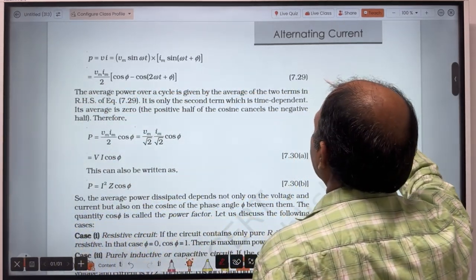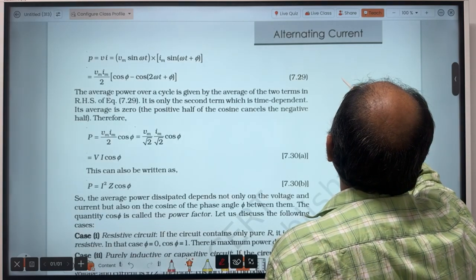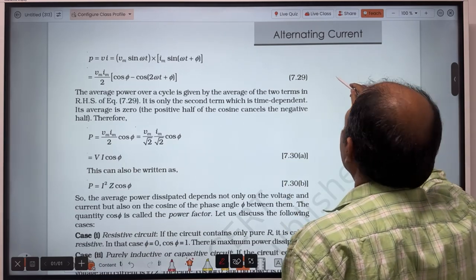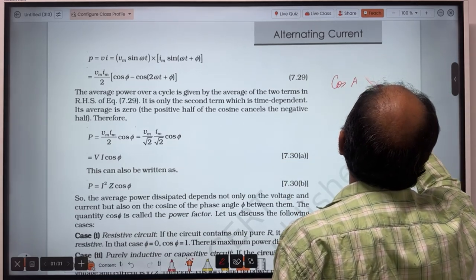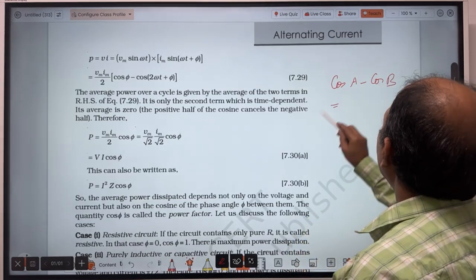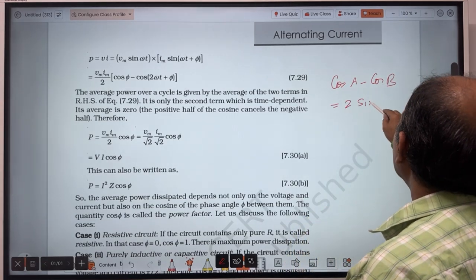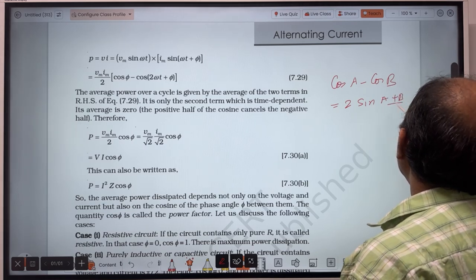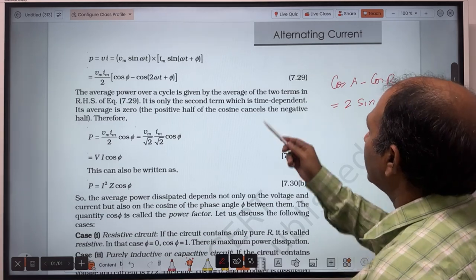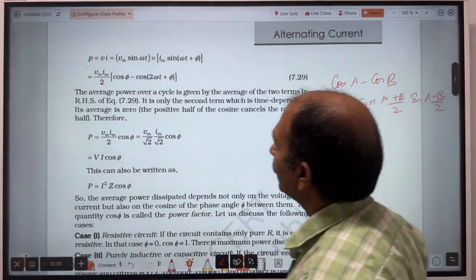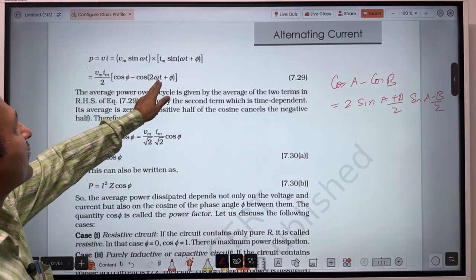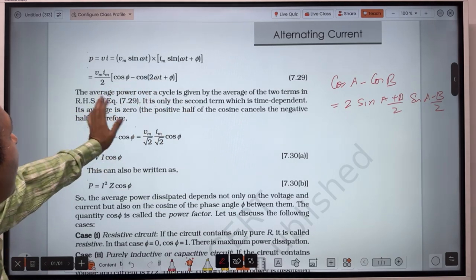If you remember, we have already studied in trigonometry, cos A minus cos B will give what? It will give 2 sin (A plus B) by 2 sin (A minus B) by 2. So that is being applied here. So we get this result, cos phi minus cos (2 omega t plus phi), right?